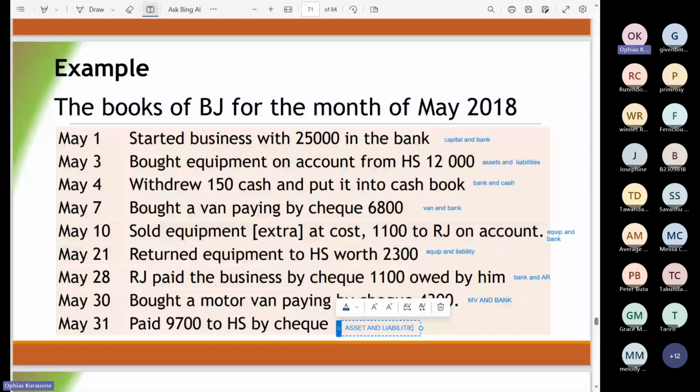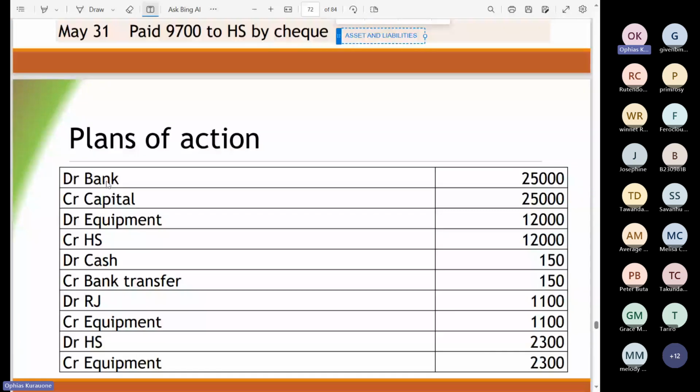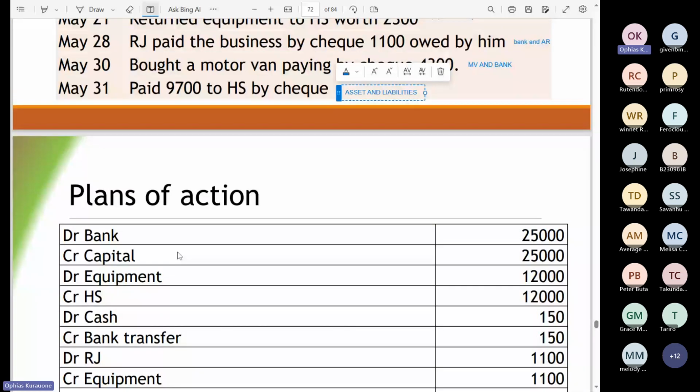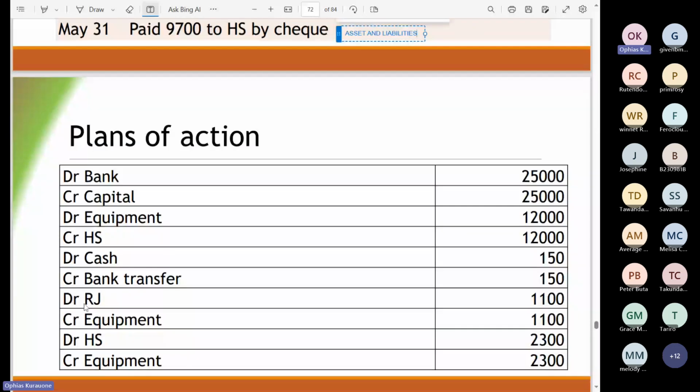Okay, let's go on to the plan of action. You debit bank 25,000 received, credit capital 25,000. Debit equipment 12,000 because they are buying, then you credit HS 12,000, which is part of liability. Then debit cash, which is receiving, and credit bank, transfer. These are general entries. Debit RJ 110 and credit equipment, because RJ is receiving the equipment.